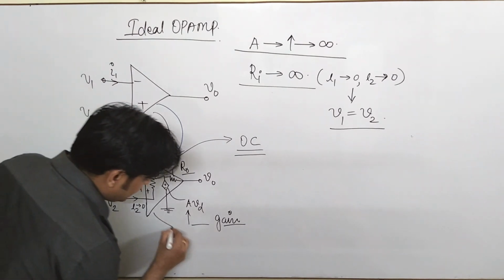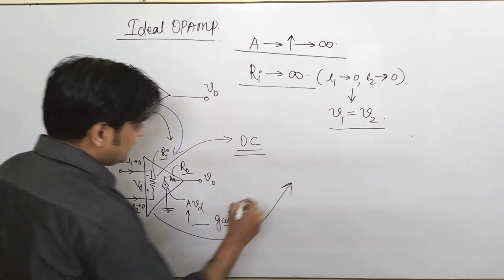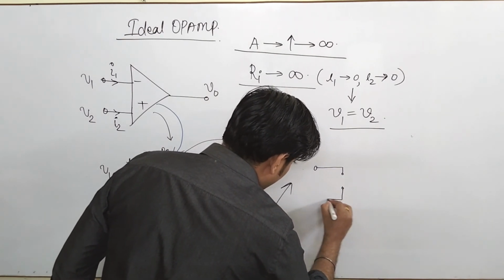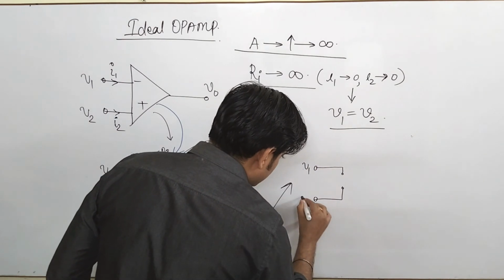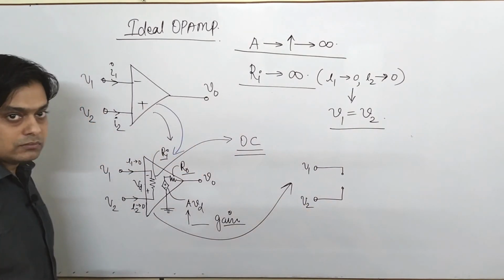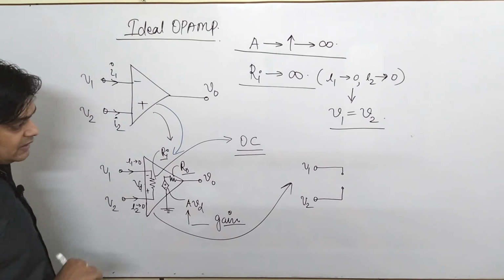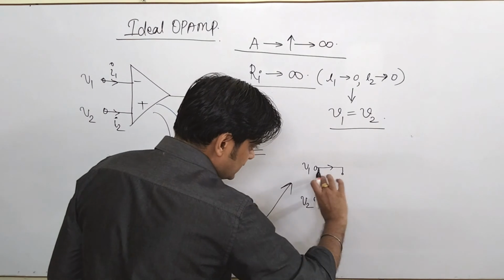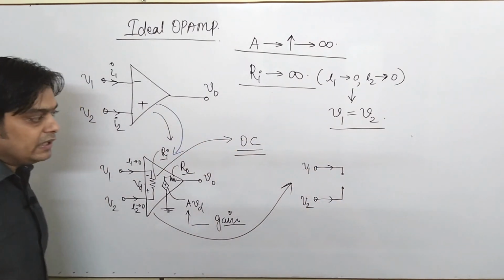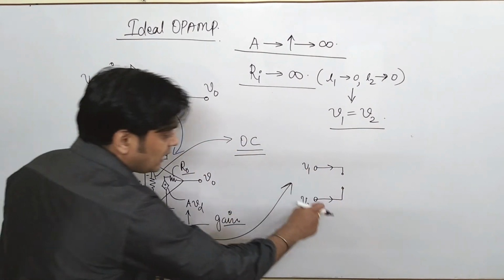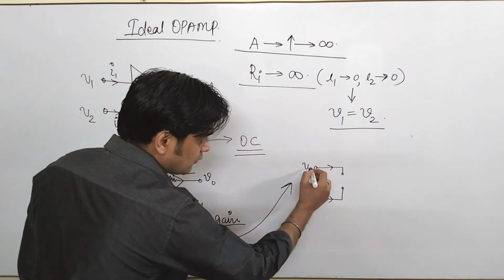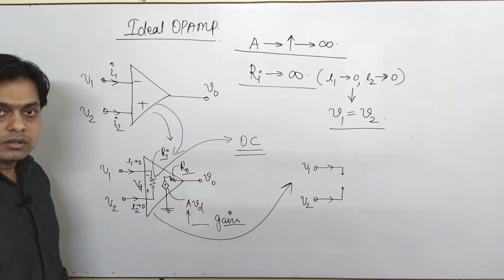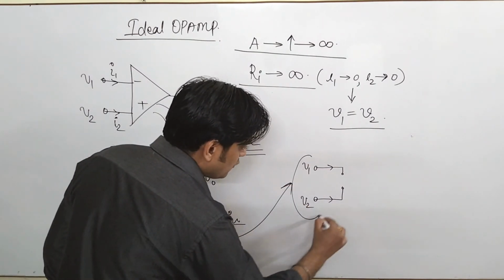Now, if you try to understand it, in networks we have seen that this condition is somewhat like this. Here is the voltage V1 and here is the voltage V2. As per the condition, no current will flow across this, so the voltages V1 and V2 become equal. When you apply KVL, V1 minus V2 or V2 minus V1 goes to 0.